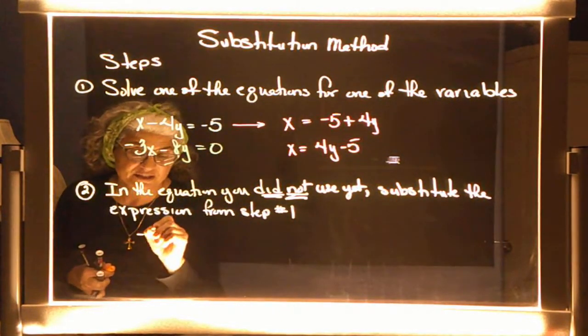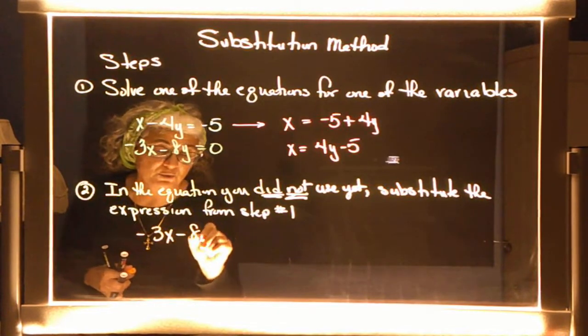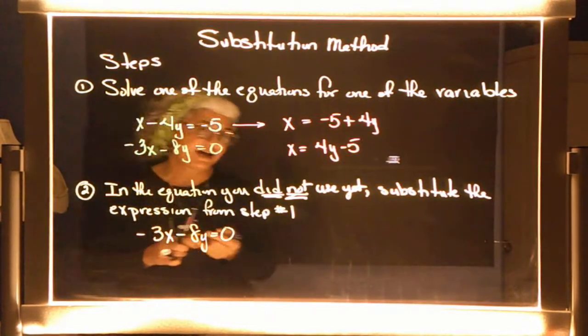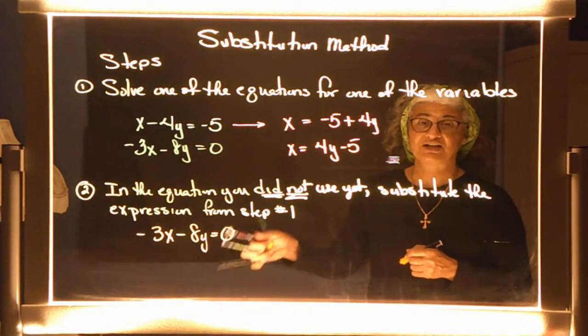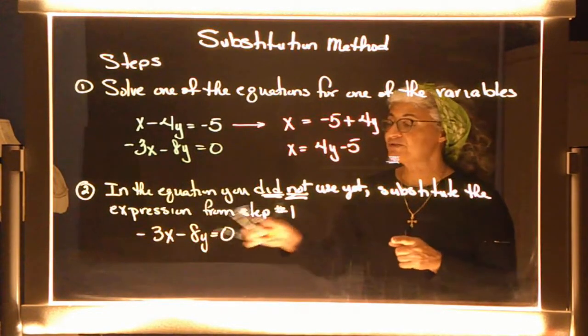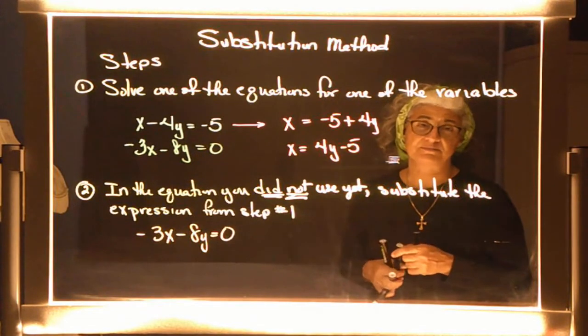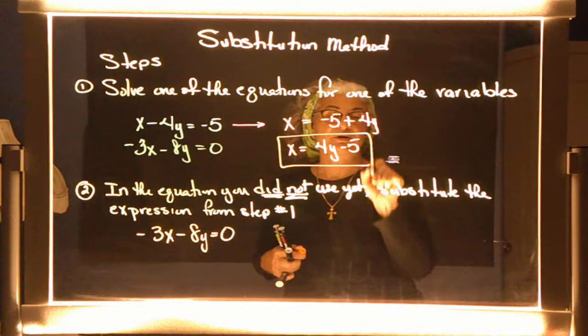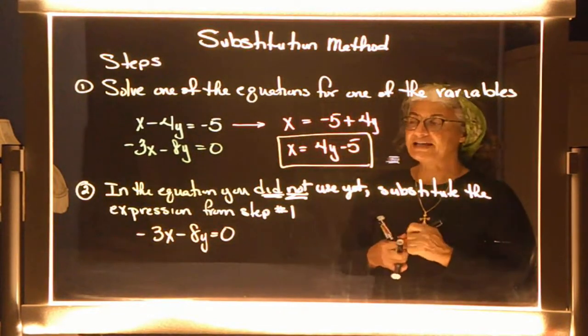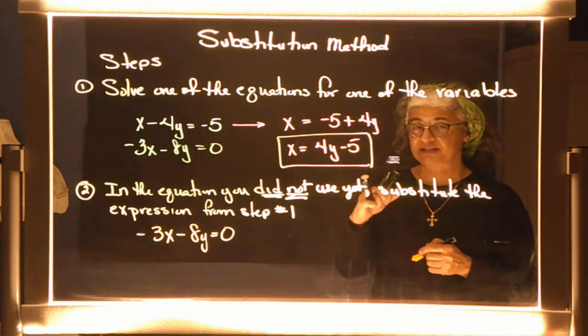I haven't used the -3x minus 8y equals 0 yet, have I? So it's saying, in this equation you did not use yet, substitute the expression you got from step 1. Well, isn't this the expression I got from step 1? So that expression says x equals, right?